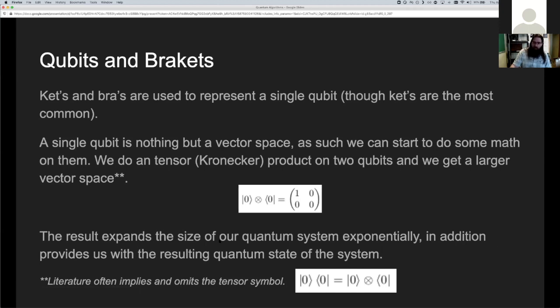And one other thing I wanted to point out, and it depends on which literature you read. Sometimes this is the actual tensor symbol in the math piece. However, in some of the physics heavy literature, you'll see them represented like at the bottom here, where the ket and the bra are kind of facing each other. That implies this tensor operation.